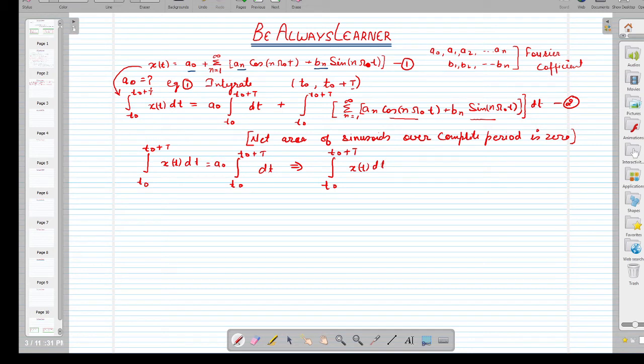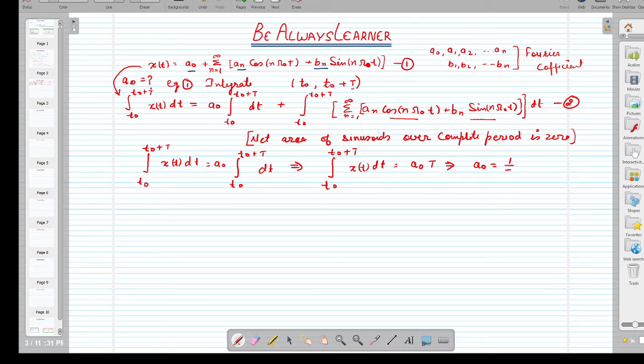The integration of 1, and after putting the limit we can have a multiplied with capital T, and we can further implies that we have to find out the value of a naught.